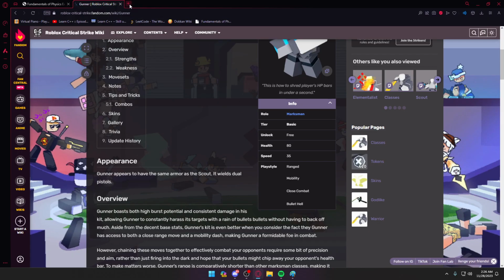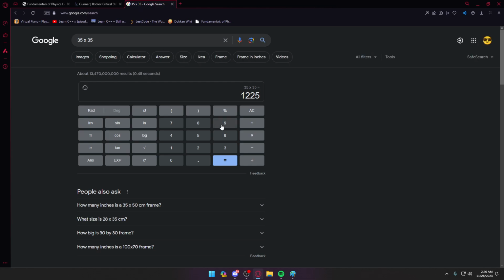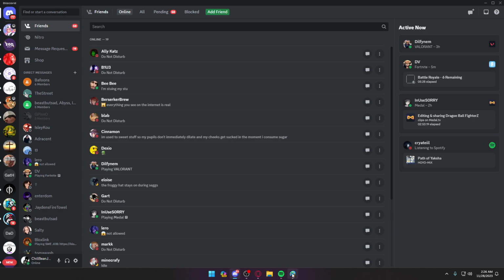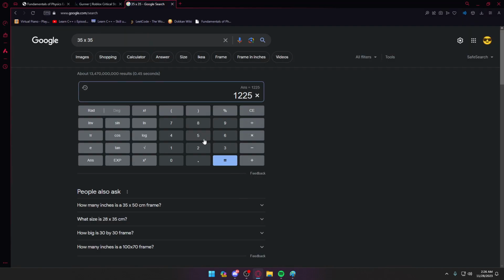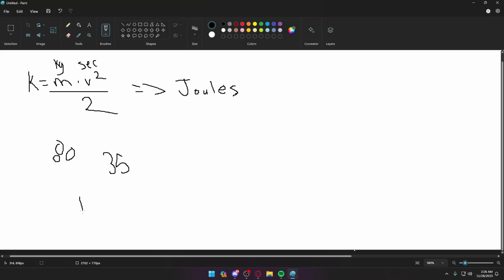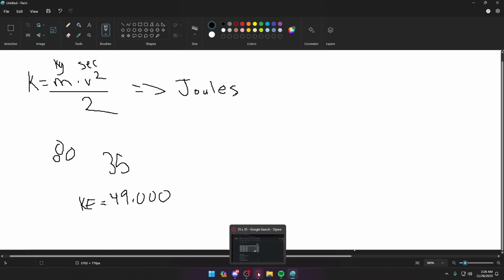We'll have 35 squared, which is 35 times 35, 1225, times 80, the mass, divided by 2. We have a kinetic energy value of 39,000, right? This answer will not be in joules, so we'll say blocks will be the measurement we have here. So that's how you calculate kinetic energy.